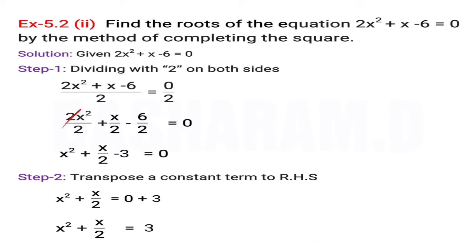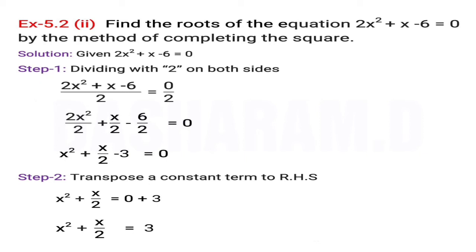So here the 2 cancels, it is equal to x², and the remaining 2 terms are x/2, and 6/2 we can cancel, 6/2 is 3. So x² + x/2 − 3 = 0. See here, the coefficient of x² was 2. Now the coefficient of x² is 1.